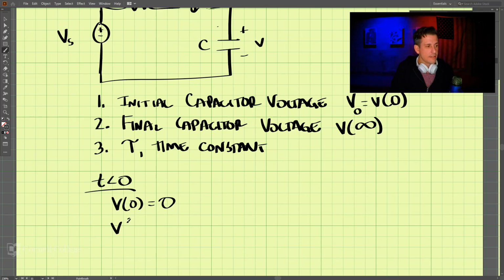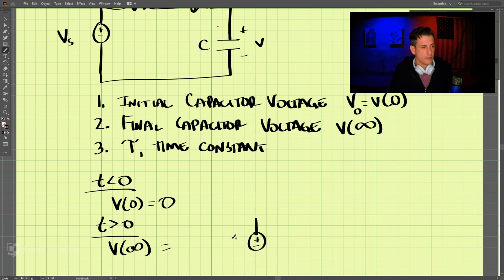Then we would take a look at t greater than 0, and we would find V at t infinity, because we would have this source here, Vs, and then the circuit with our capacitor and our resistance.